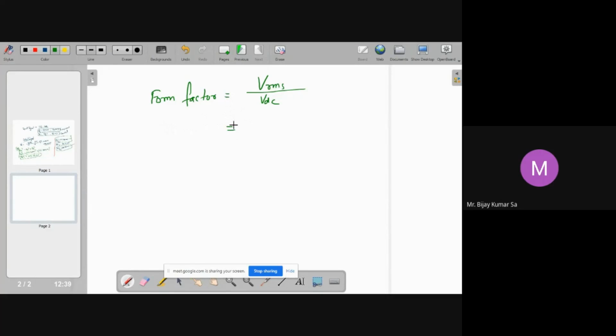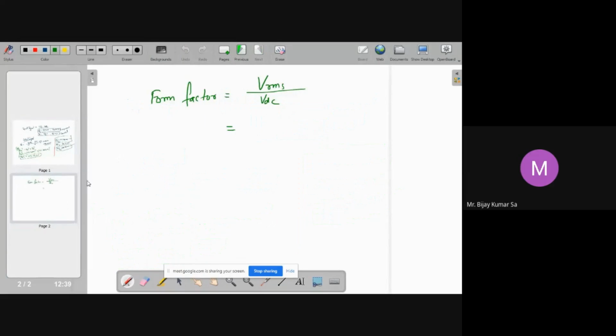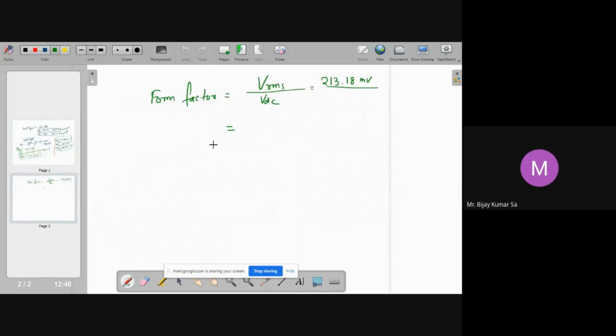How much VRMS did we get? We got VRMS as 213.18 millivolt. And how much VDC did we get? 117.729 millivolt. So tell me how much is the form factor?